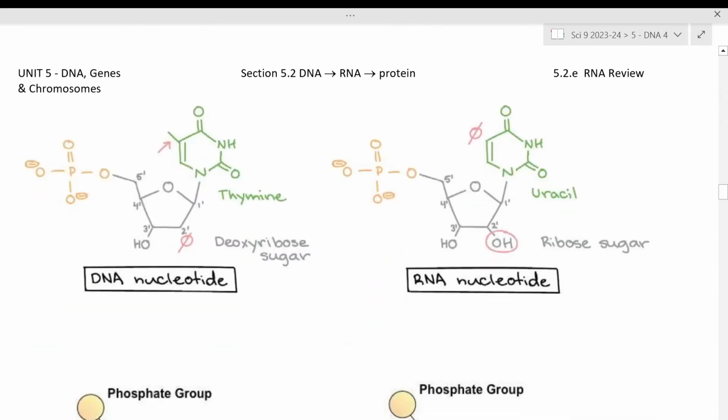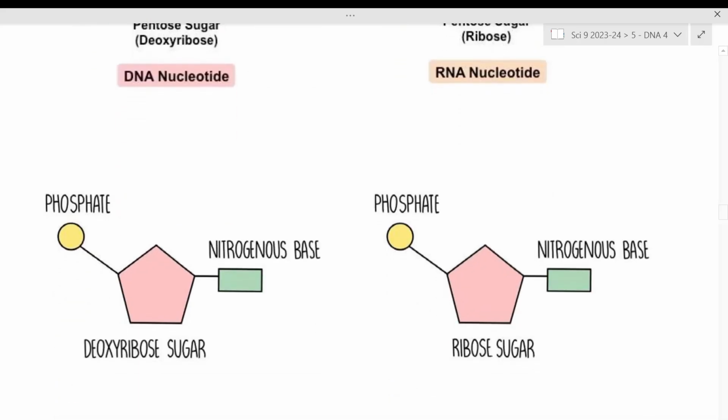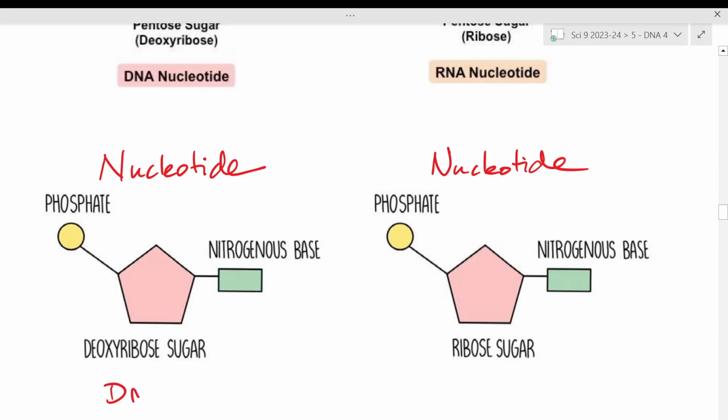This is just if you like geeking out on looking at chemical structures. If I talk about my nucleotide, the only thing different about the DNA from the RNA is that this is D sugar and this is R sugar.